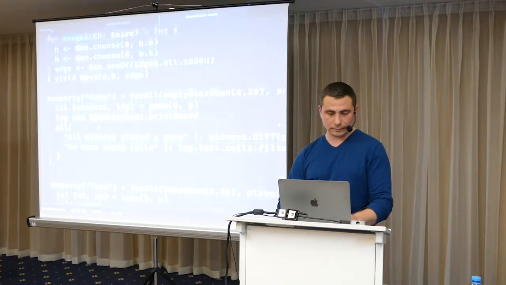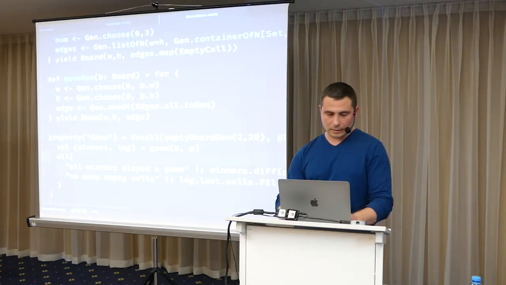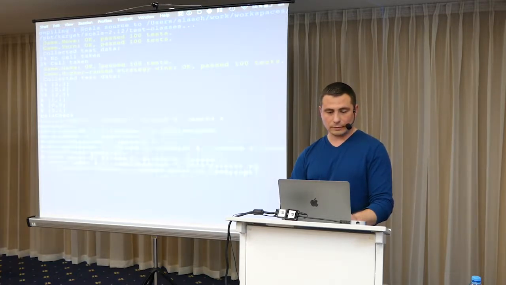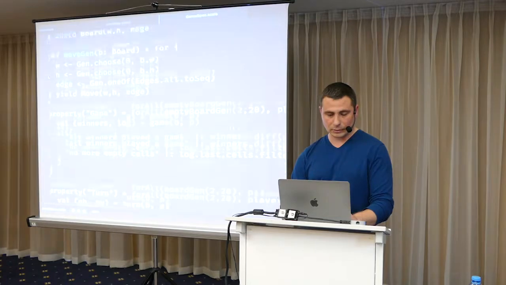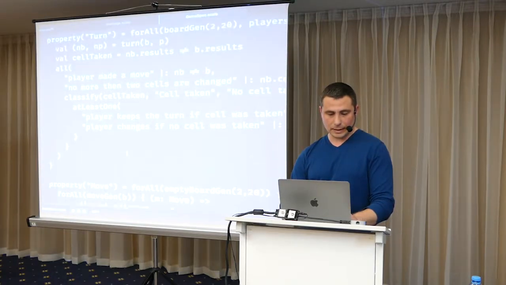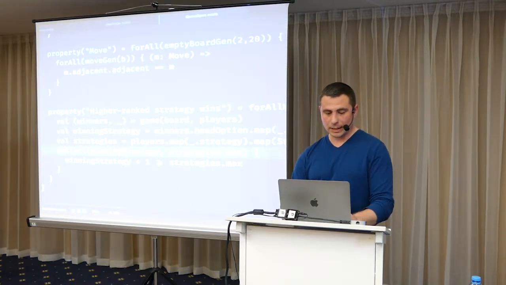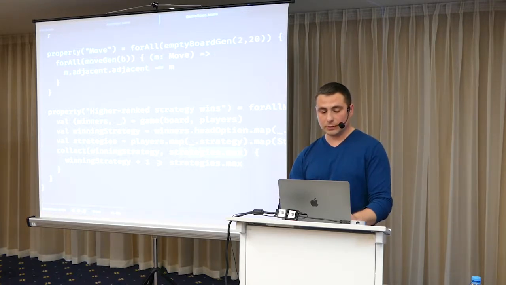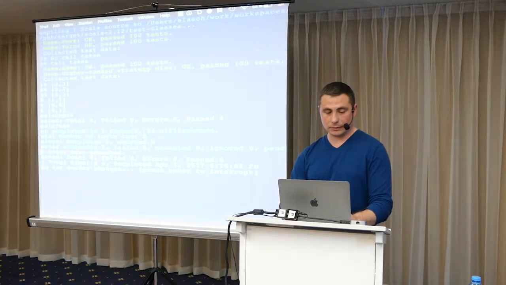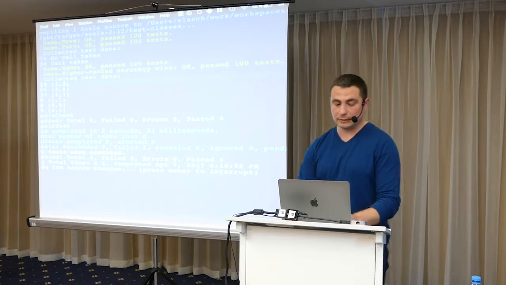Yeah, if I remove this logging statement here and just run the test again, then we can see that I'm using the collect statement of ScalaCheck, which does the following. It collects for all of the test runs the winning strategy and the maximum strategy used for the players, and then we can see, for example, in half of the cases the max strategy was the third one and winning.